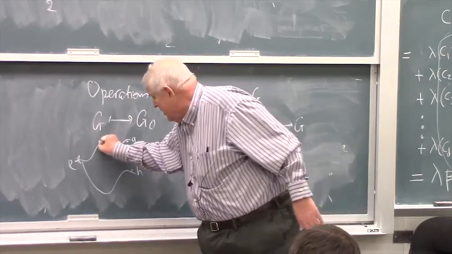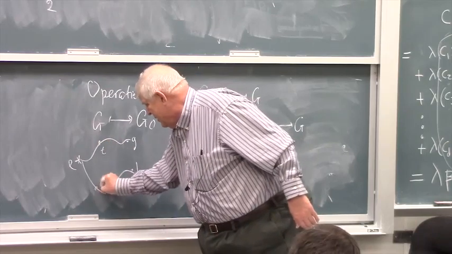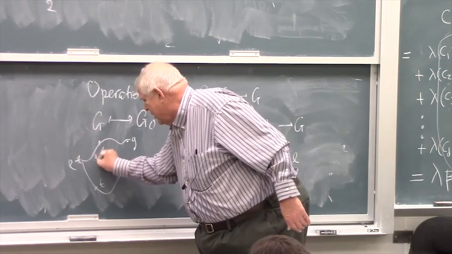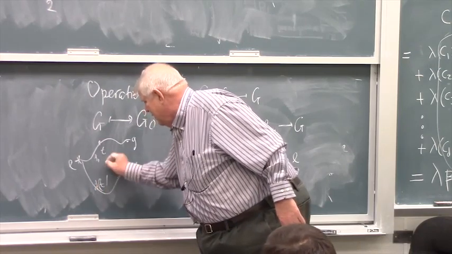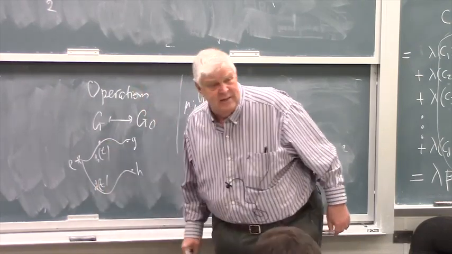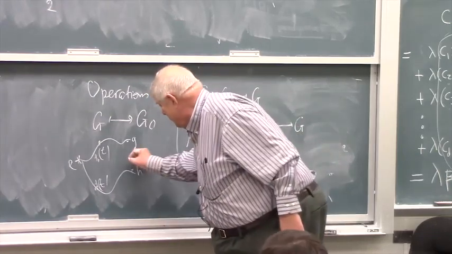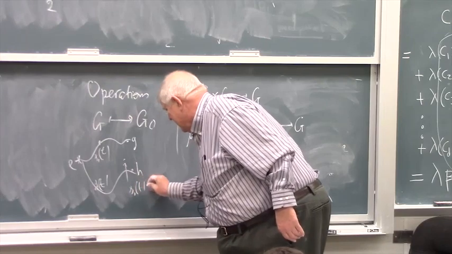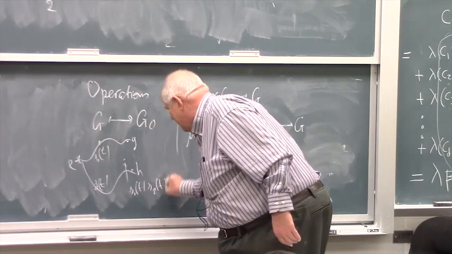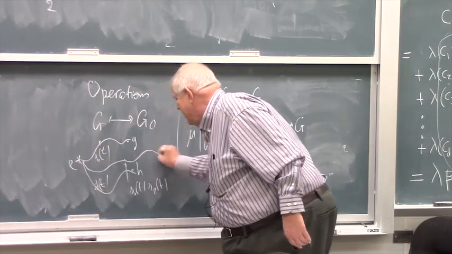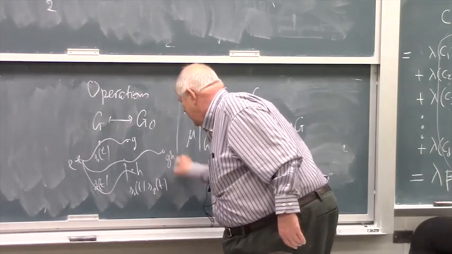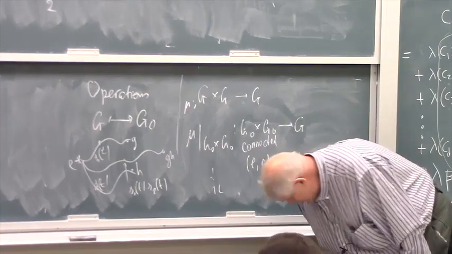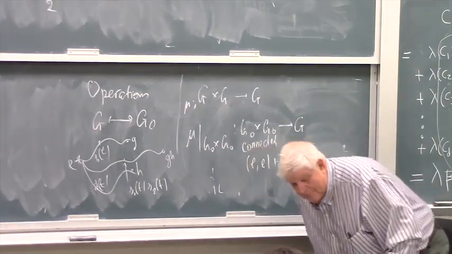So let this path be s1 and this path be s2. Take s1 of t, s2 of t, and multiply them. So this is s1 of t times s2 of t. Then you get a path which joins e with gh. When t is 0, it is e. When t is 1, it is gh. This is the other way to say the same.